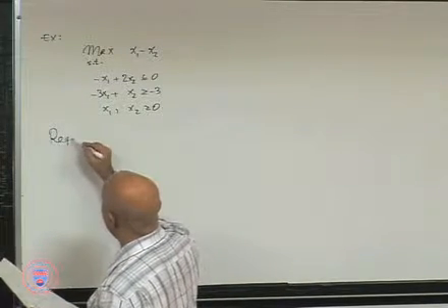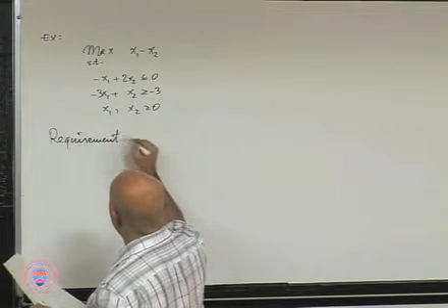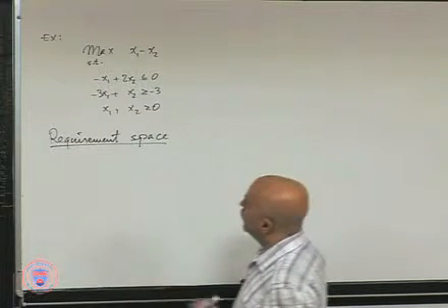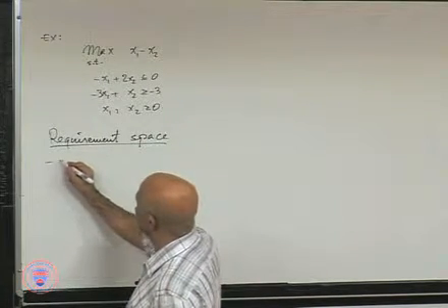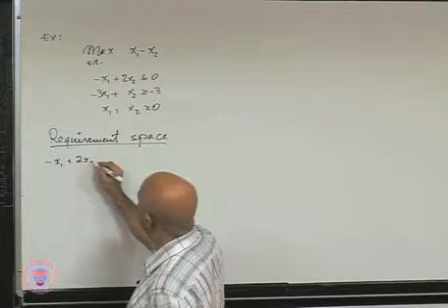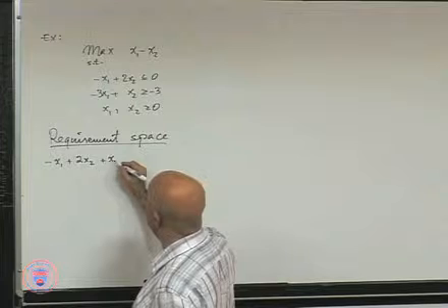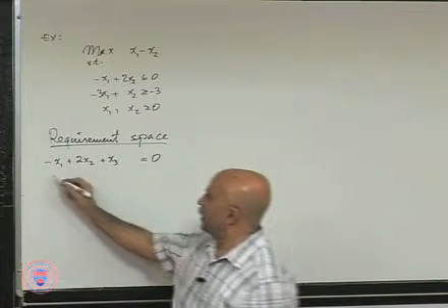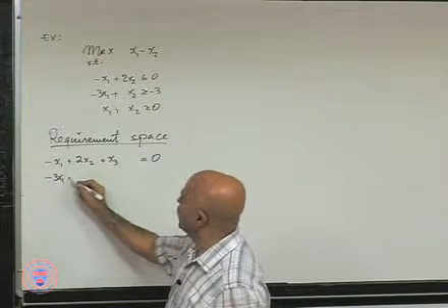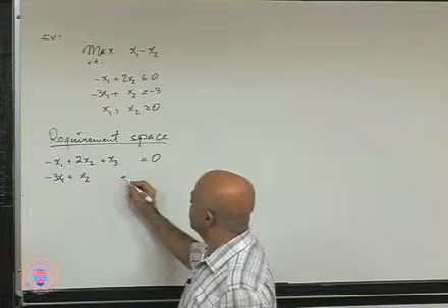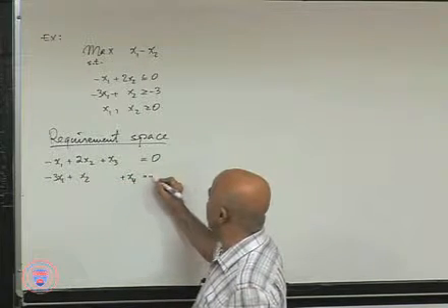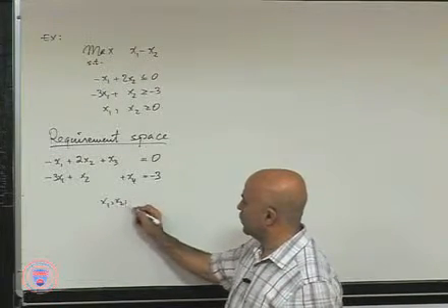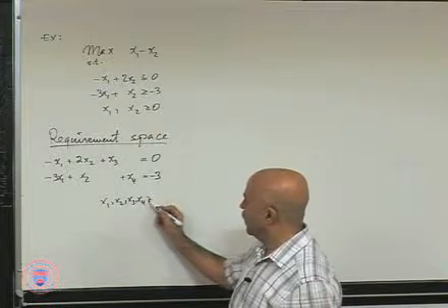Now, when you look at the requirement space, I need to first change this to equalities. I'm going to do that by introducing a new variable x3, which is a slack variable, and a new variable x4, which is a surplus variable, with x1, x2, x3, x4 non-negative.